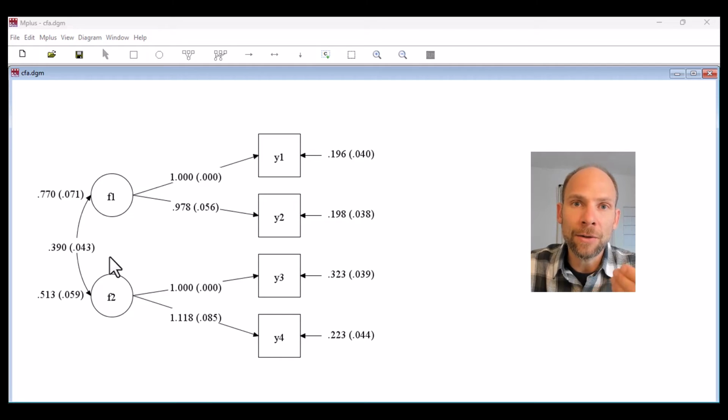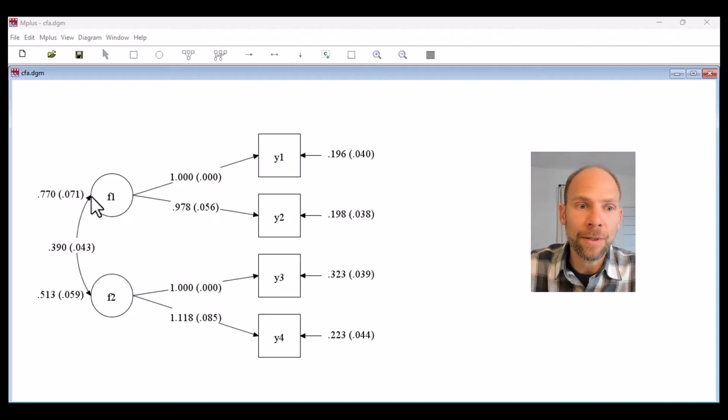And so in order to set the metric of these factors, we bind them, so to say, to one of the observed variable metrics. So the fixing of that factor loading is done so that the metric of F1 can be identified, and here also for F2 we are fixing the loading so that the metric of F2 also can be identified.